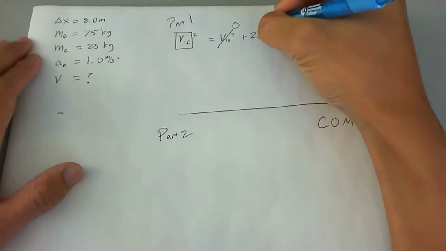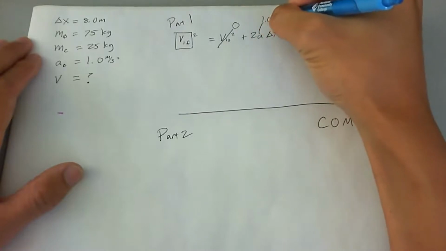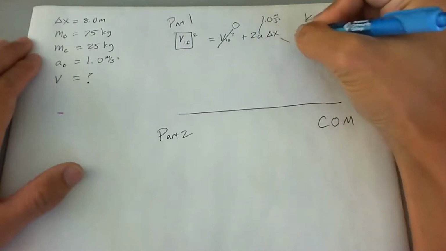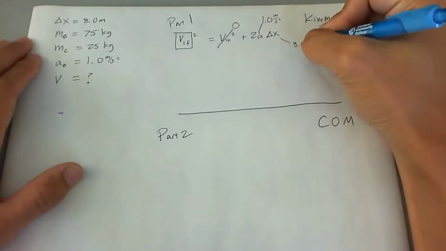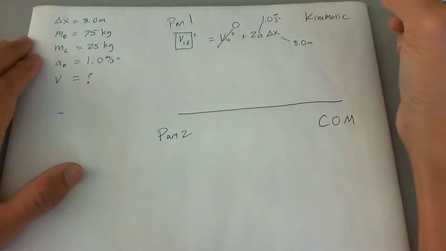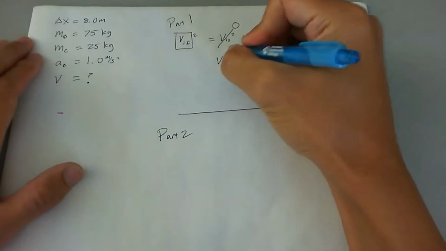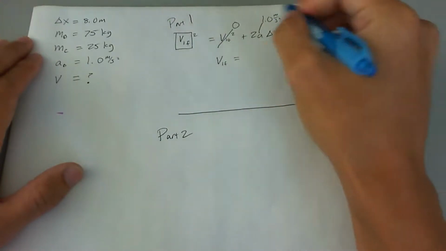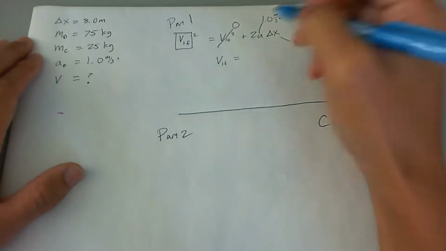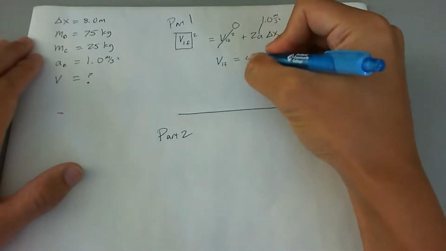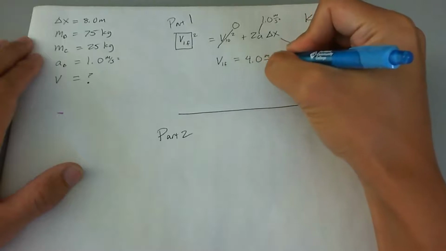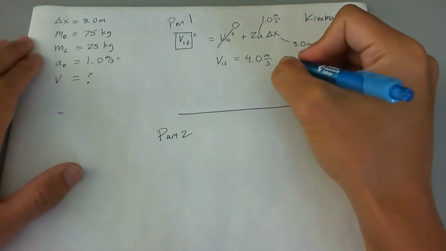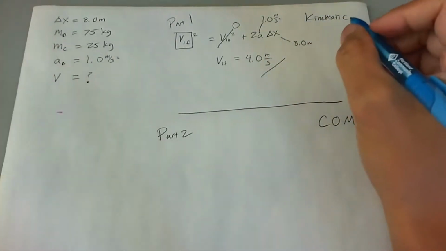His acceleration is 1.0 meters per second squared, and his distance of running is 8 meters. So solving this out, v1 final is the square root of 16, which is 4.0 meters per second. So that's just going to be a partial solution.